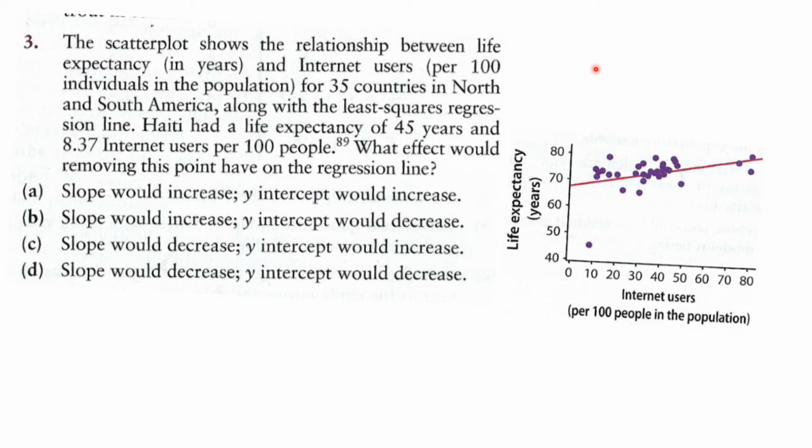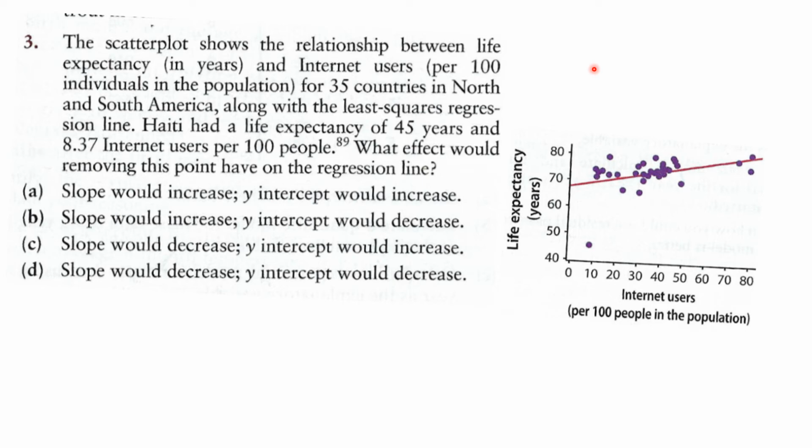Okay, so it says the scatter plot shows the relationship between life expectancy in years and internet users per 100 individuals in the population, for 35 countries in North and South America, along with the least squares regression line.